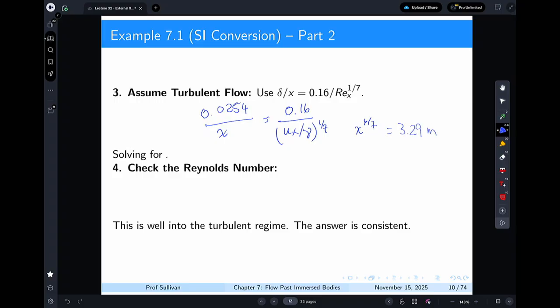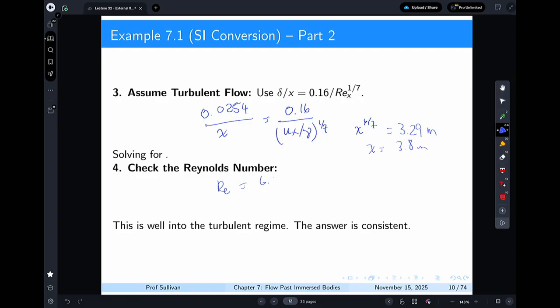And one of the things that you'll notice here is that this is a lot faster. We needed to go 130 meters in the laminar case, and we needed to go only 3.3 meters in the turbulent case. Oh, wait, x to the 6/7, so x is equal to 3.8 meters.